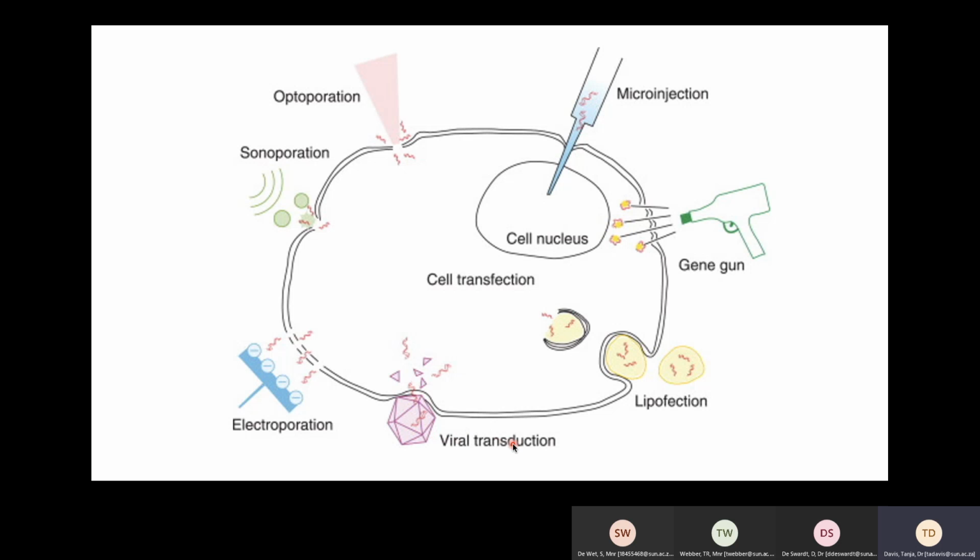Viruses are also used quite often because they can easily bind to a cell and then deliver nucleic acid into the cell. But the most commonly used method is a lipid-based method, where you create a complex with a lipid-based reagent and your DNA, and that delivers the DNA into the cell via endosomes.